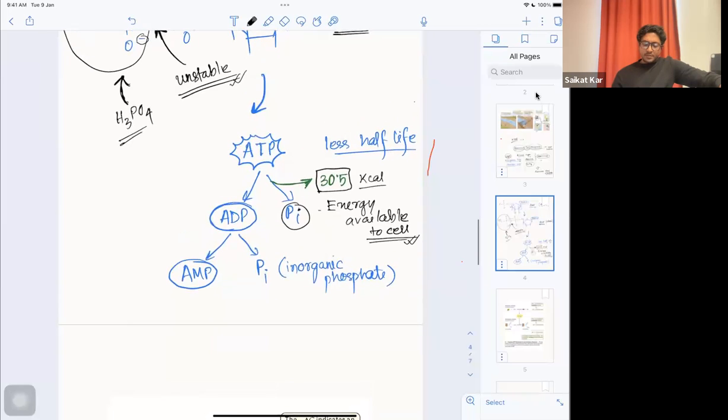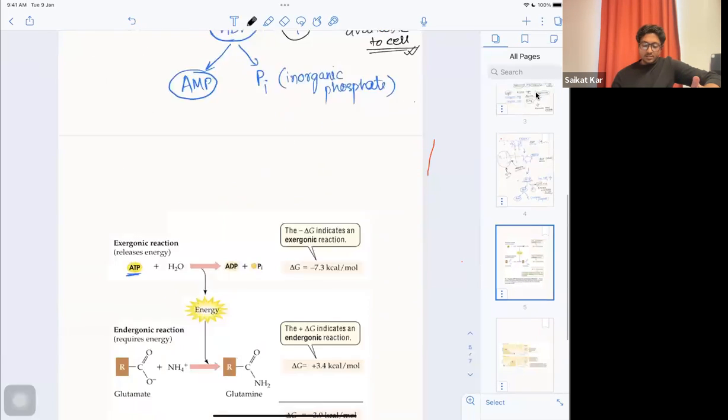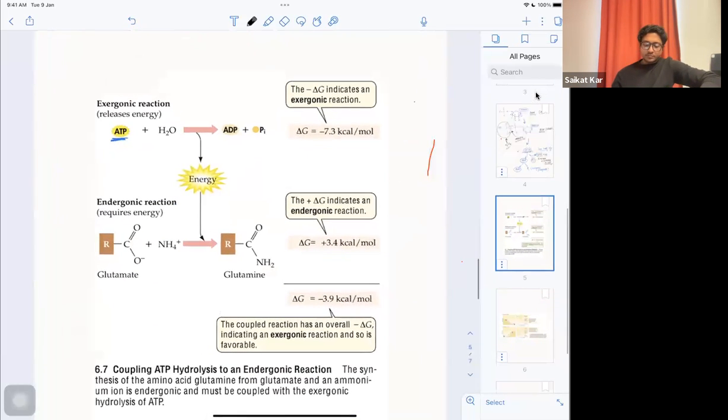ATP is a very unstable compound. It is generated in few processes. There are very few reactions where ATPs are generated. Whenever it is generated, it can just go to another reaction and release its energy. So the example is here. You can see.